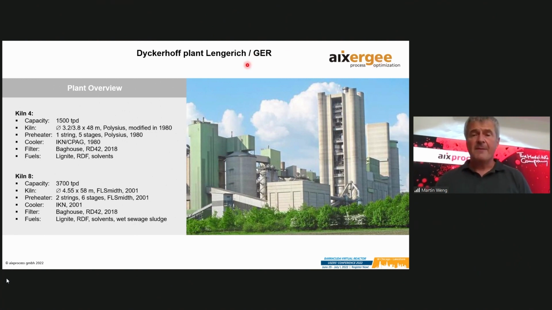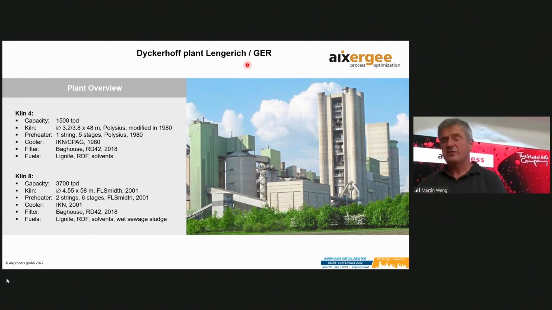All right, let's jump into the use case, and that is the Längerich plant in Germany, by Dückerhoff, cement producer. This plant in the middle north of Germany consists of two kiln lines, kiln 4 and kiln 8.